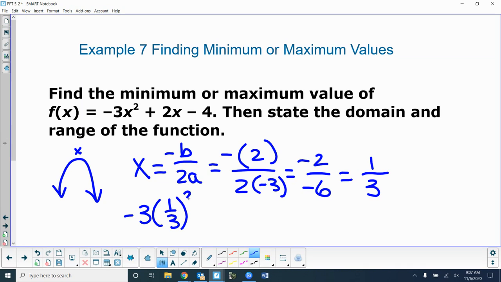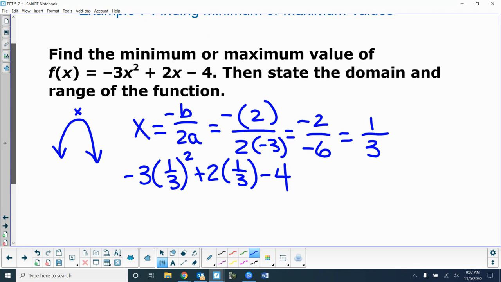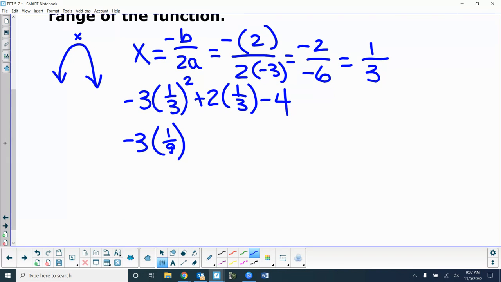And this answer that I'm going to get is going to be the maximum value. Okay? So, 1/3 squared is 1/9. Negative 3 times 1/9 is negative 3/9. 2 times 1/3 is 2/3.